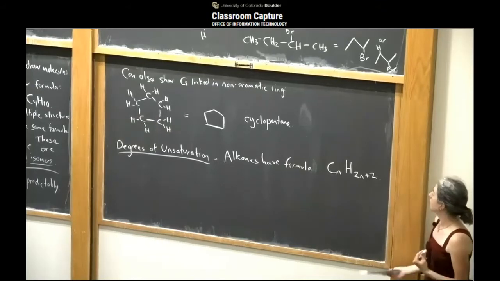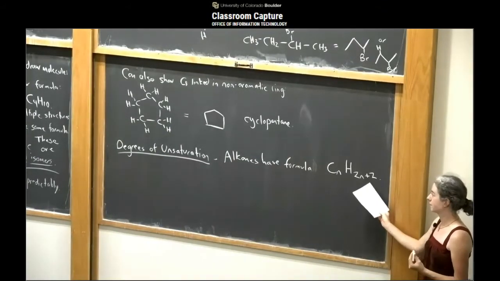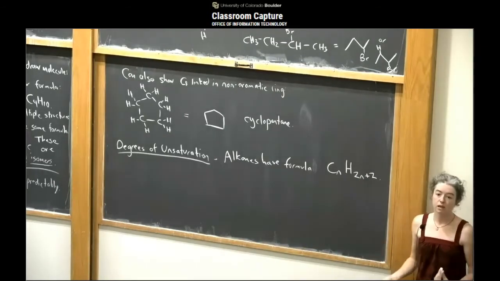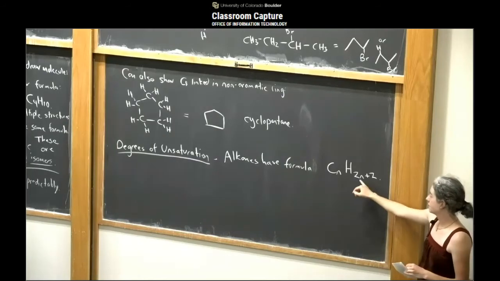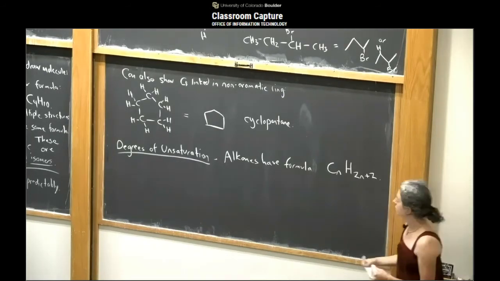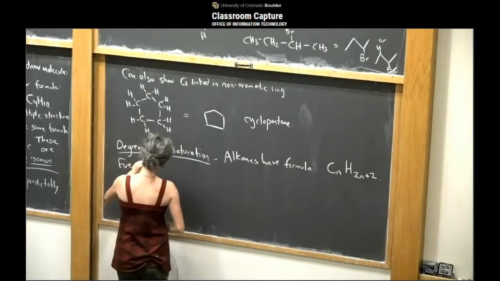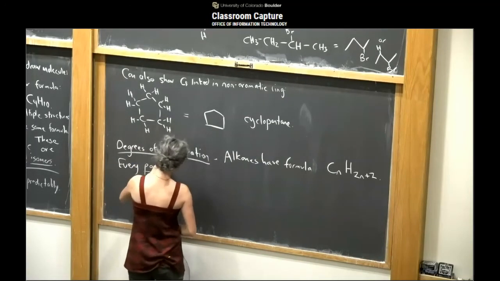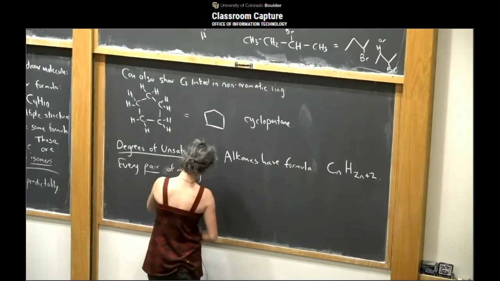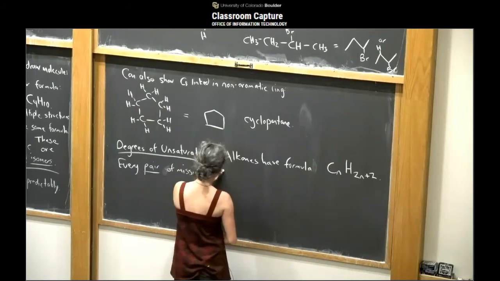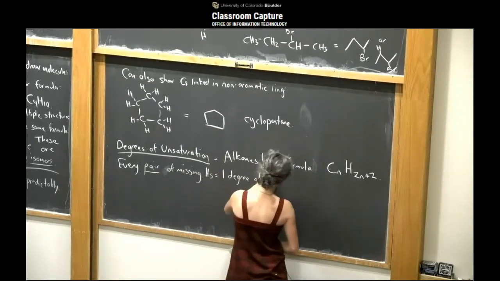There are ways that we could be short some H's from this formula. For instance, if we join the ends into a ring, or if we do some other stuff to the structure. So alkanes have formula CnH2n plus 2, but every pair of missing H's is called 1 degree of unsaturation.